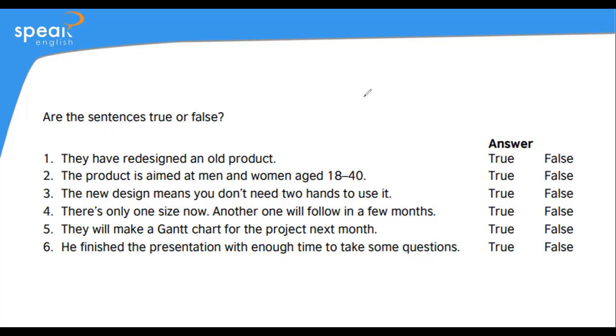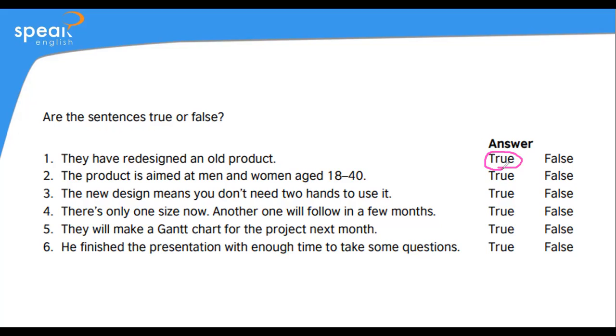They redesigned the bottle, the shampoo. Oh, the bottle. So I think that number one is true. Oh, right. Exactly. Yeah, there was a previous existing product and they redesigned it.